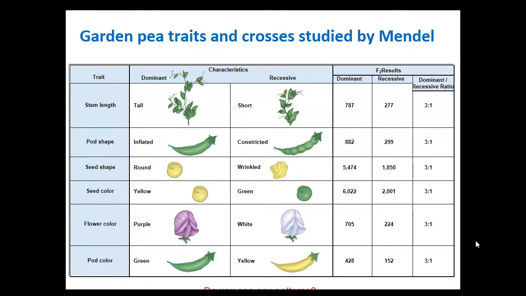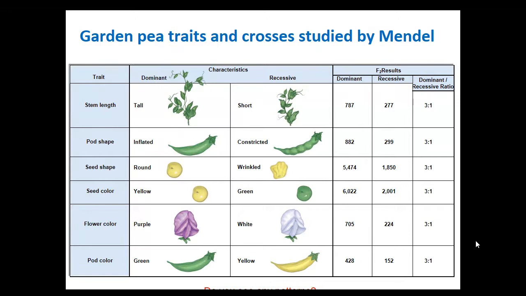And he'd do that with other traits, different pod shapes in the parents, and then he'd count how many of each were in the next generation. And something he noticed in all these numbers was it's not exactly, but approximately a 3-to-1 ratio.